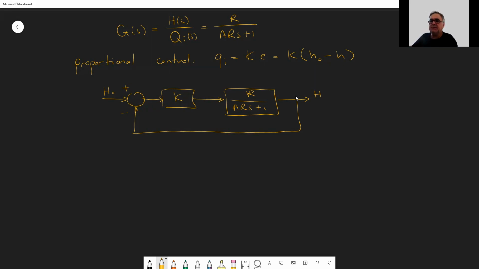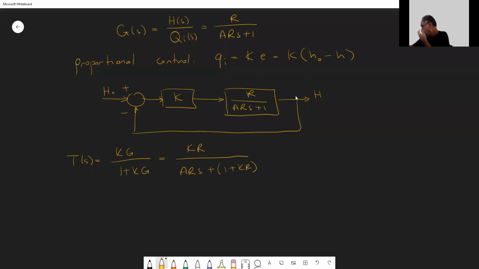So the closed loop transfer function T(s), we assume no disturbance for simplicity, is KG over 1 plus KG, which eventually comes out to be KR over ARs plus 1 plus KR.